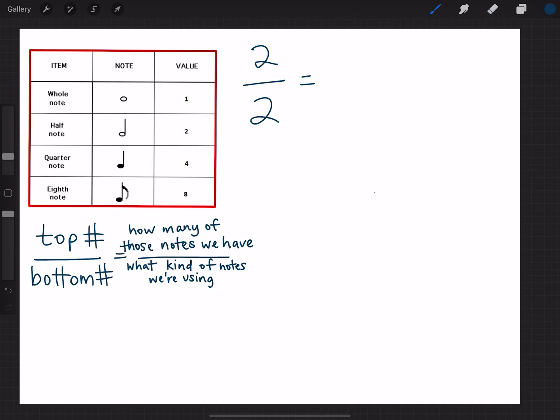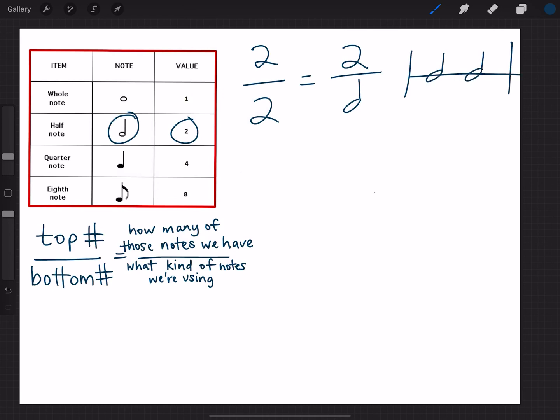Now, if you look over at our chart, you can see that a 2 means that we are using a half note. So let's write a half note on the bottom. And then remember, the top number tells us how many of those notes that we have, and that is 2. So if we draw our example measure, we're going to have 2 half notes.